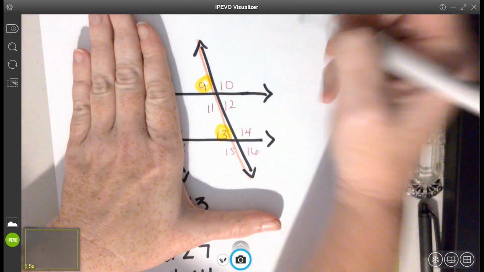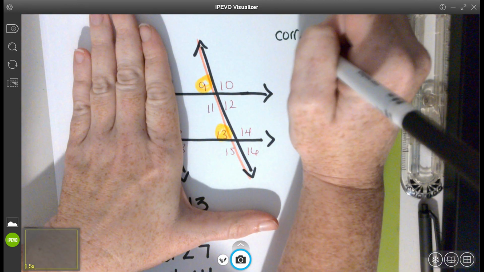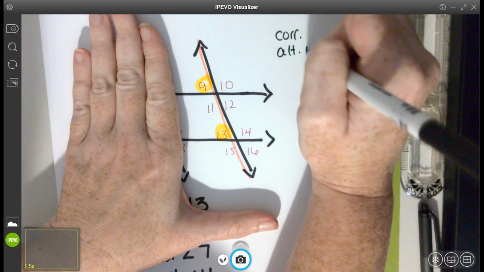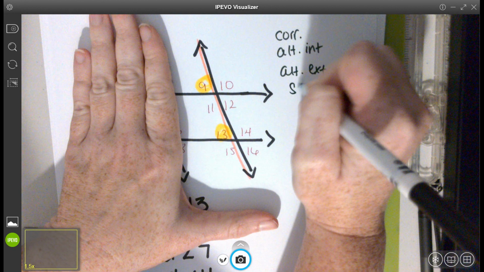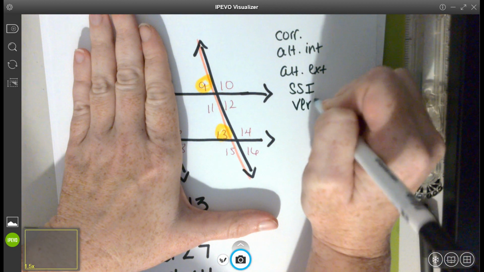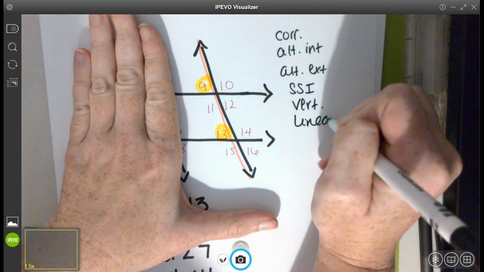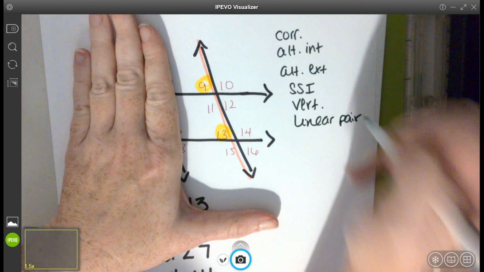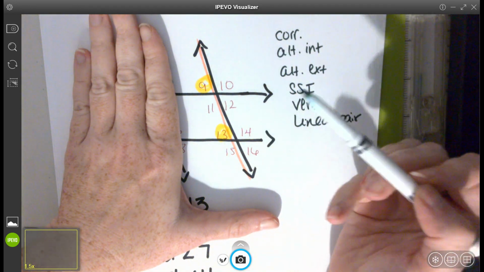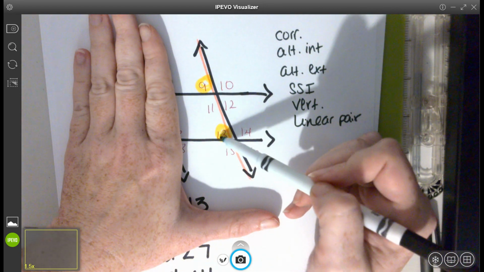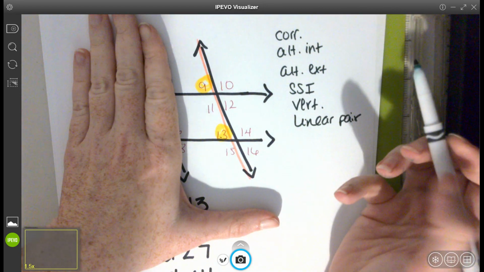So I have to think of all the words we have. So corresponding, alternate interior, alternate exterior, SSI, vertical, linear pair. Those are all the words that I should be thinking about. So I'm looking, is it vertical? No. Well, one's on the inside, one's on the outside, so it can't be SSI.